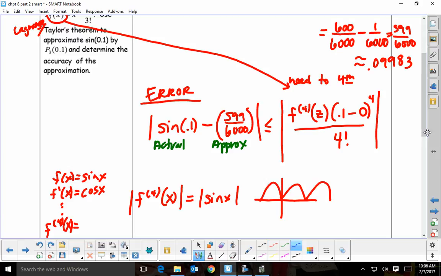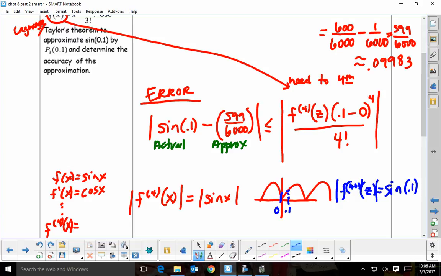Between where? 0 and 0.1. So I know the max absolute value would be sine of 0.1, but that's what we're trying to approximate. I don't think we're going to use that.